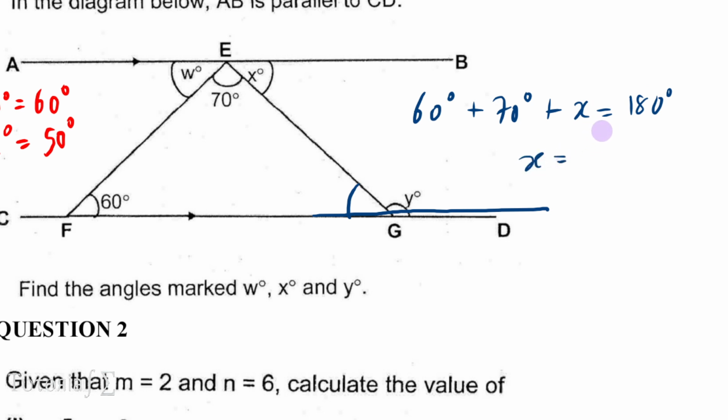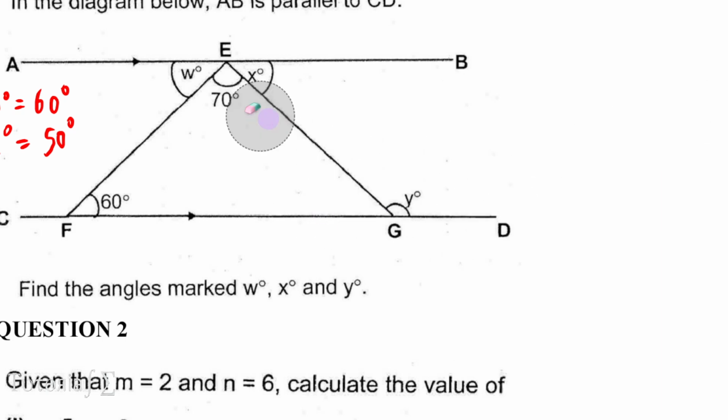In fact, what we're supposed to do is consider that this is a Z. There are many ways you can solve this one. So you say 60 degrees plus 70 degrees plus whatever value is here, we don't know, we'll just say B. This should give you 180 degrees.